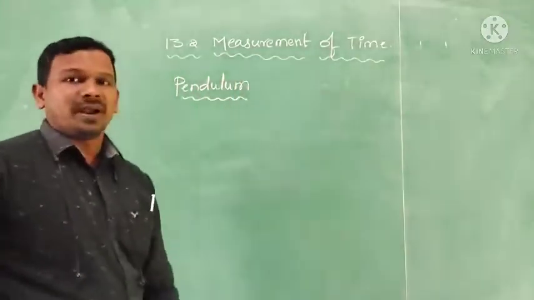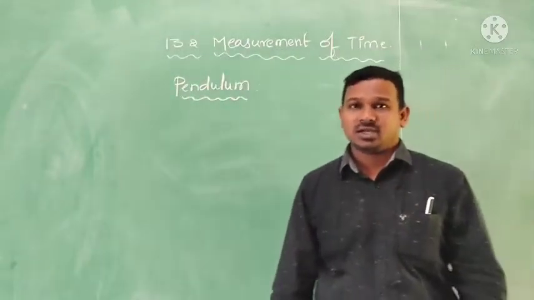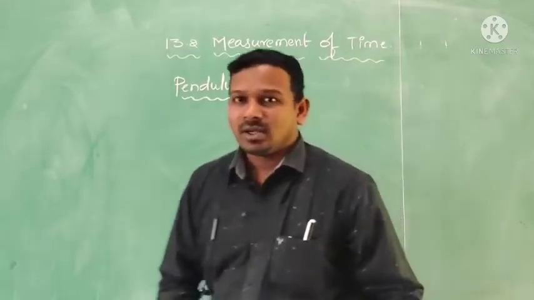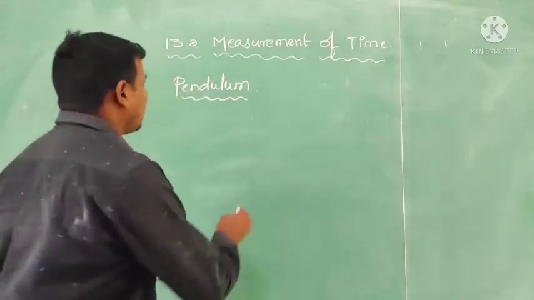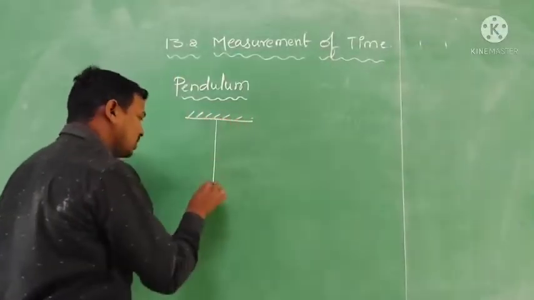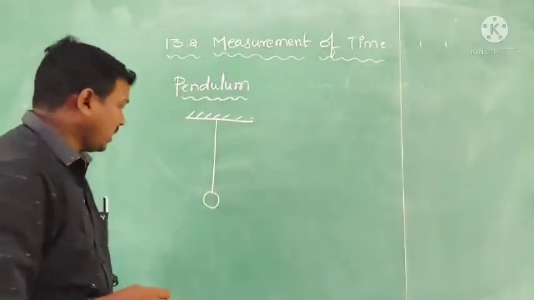Right? So a pendulum has a bob as well as a string. The bob is a metallic one, and the string is attached to the bob. Now here I am drawing the structure of the pendulum. If you observe clearly, this is a bob, a metallic ball.